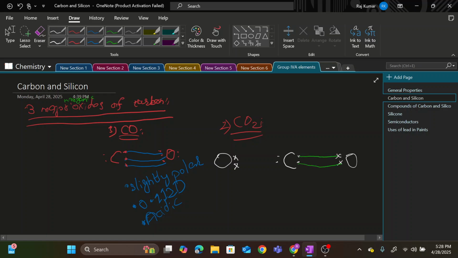Let me create the bonds. Here we go with the double bond between carbon and oxygen. One is a sigma bond, the other is a pi bond, and that creates a linear structure.